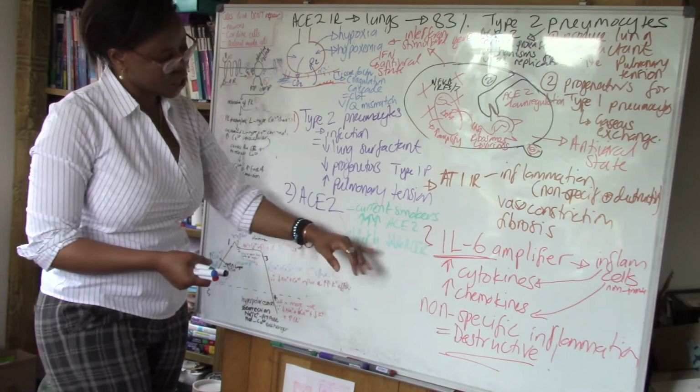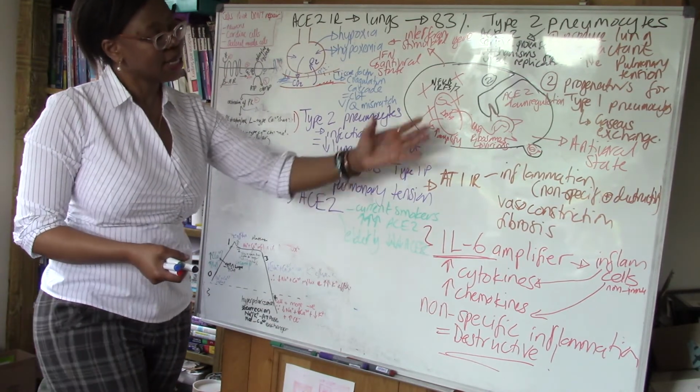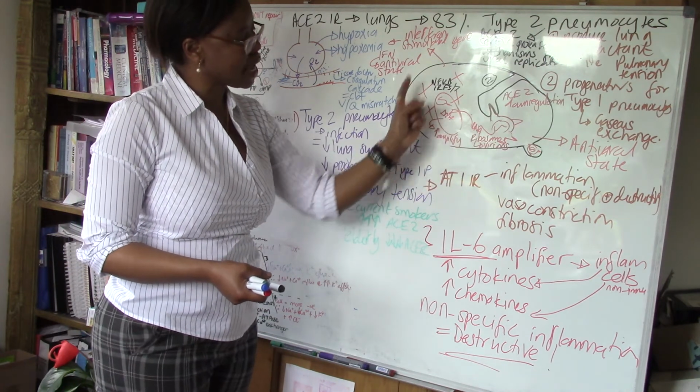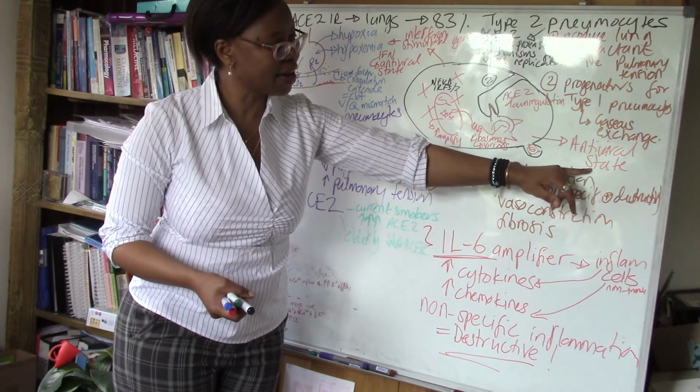The elderly, although they haven't got that much ACE2 expression initially, there is enough time because they haven't got adequate mechanisms to create an antiviral state.